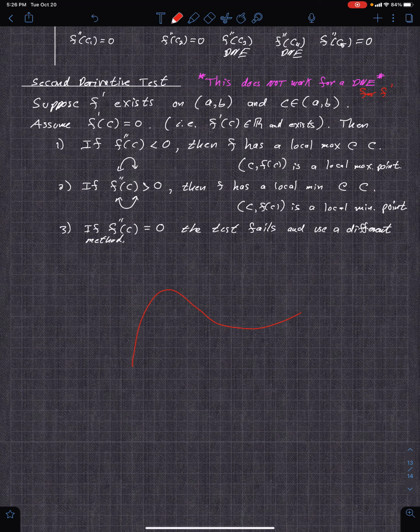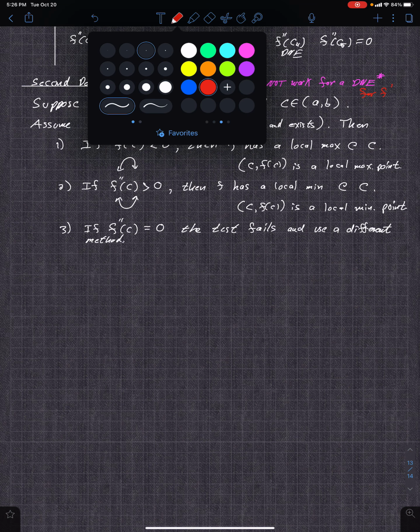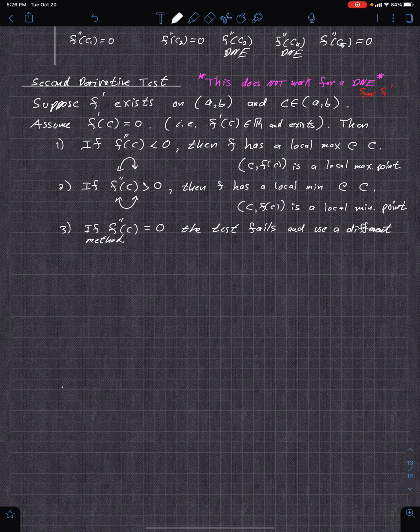So you could have a graph like this, and I'll give you real examples next, but you could have a nice graph that does this sort of thing, but then you have a cusp. So here you can apply the second derivative test on these values, but here you cannot, and here you can.